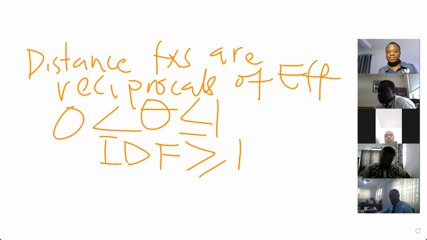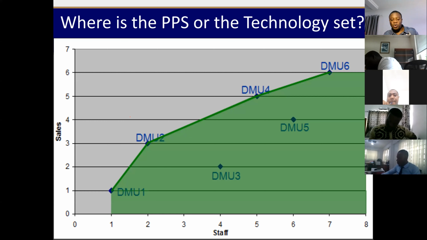Yes, it does. Okay. I'm saying this because I know if I don't mention it, somebody will say that we forgot. Please take note of that seriously. I'm sure you can now calculate efficiency scores for every firm.